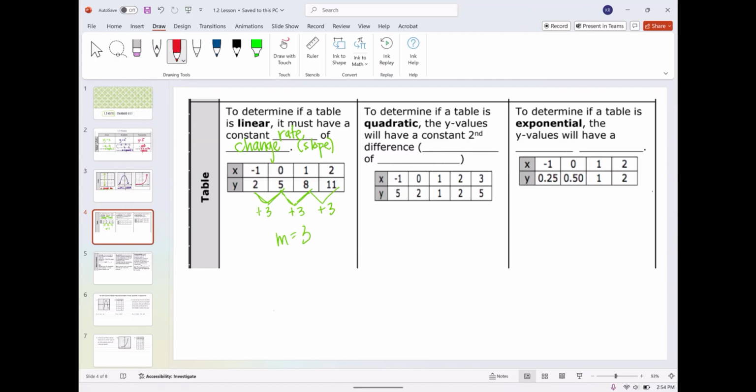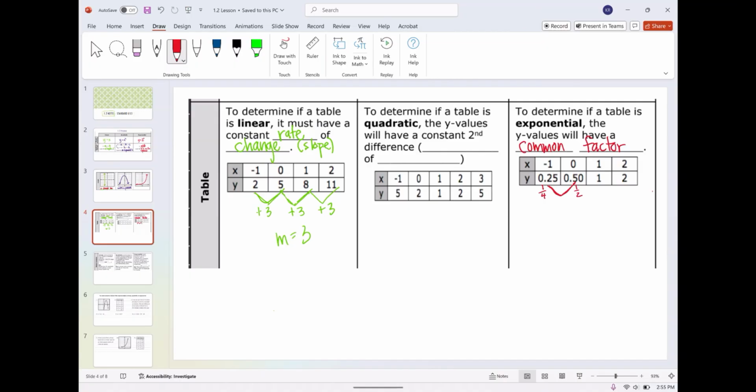Now let's jump over to exponential. We're going to do our review ones first, okay? So determine if a table is exponential. All right, the y values will have a common factor. This is when we multiply or divide by this common value. So I'm going to look at the y values. So 0.25 to 0.5.